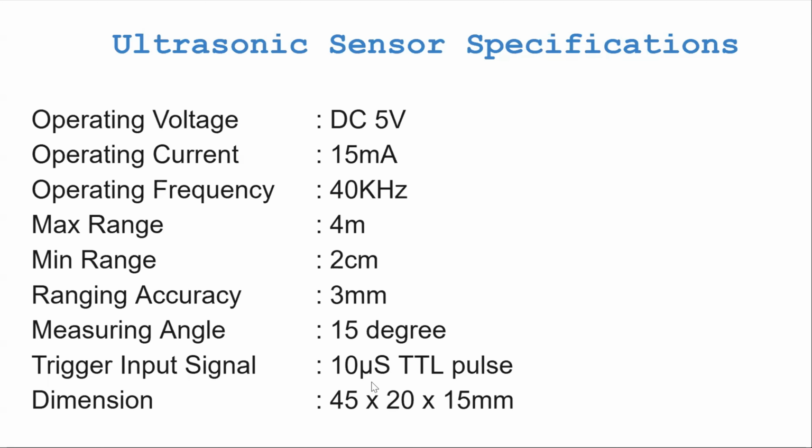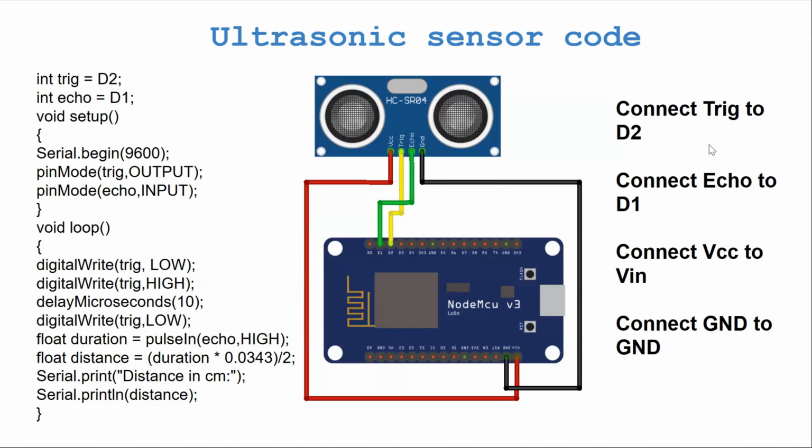The dimensions are 45 by 20 by 15 mm. That is the dimension of the ultrasonic sensor. As we know about the connection, trigger and echo are there. Trigger will be your output and echo will be your input.